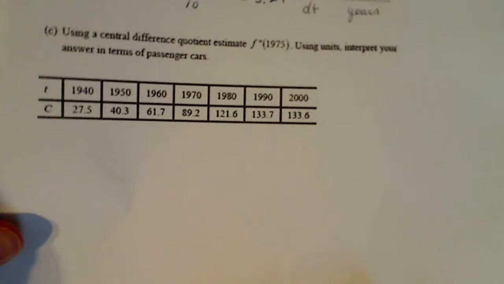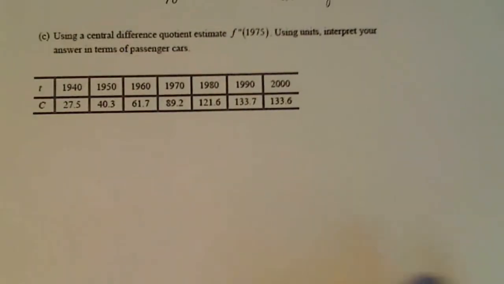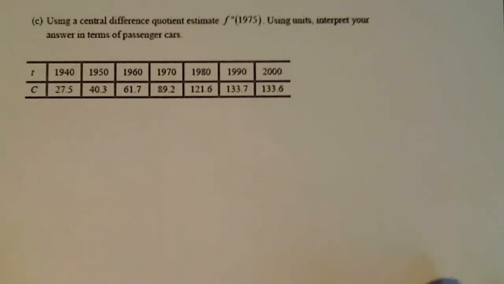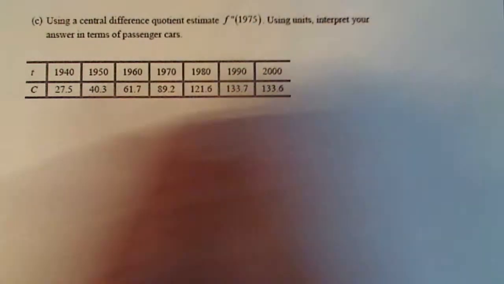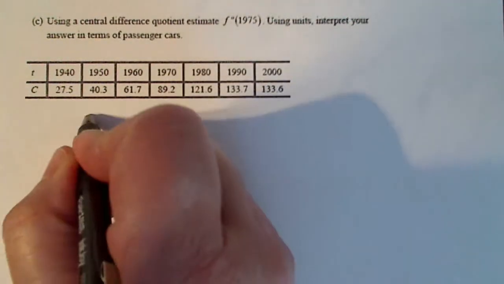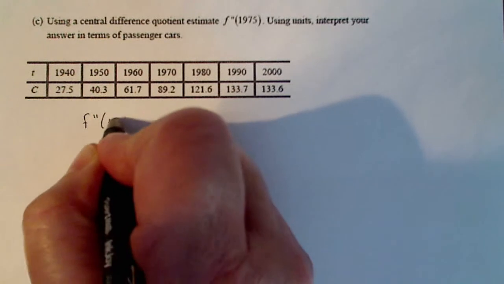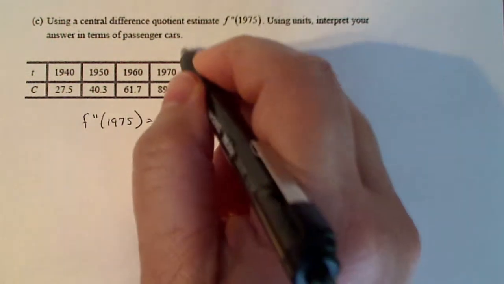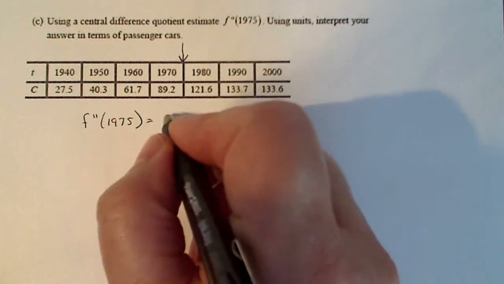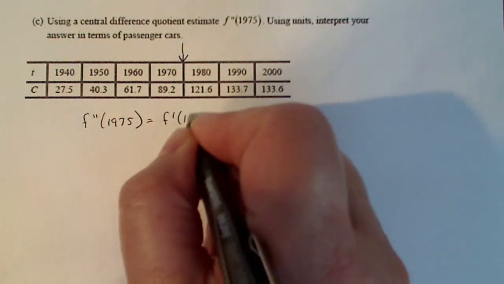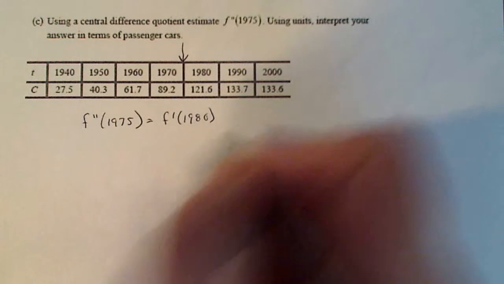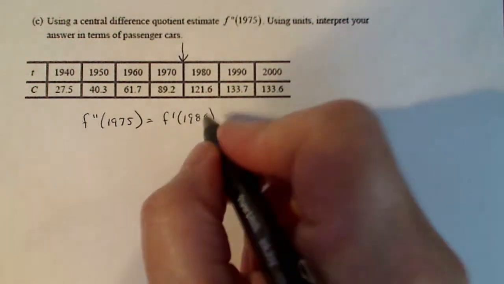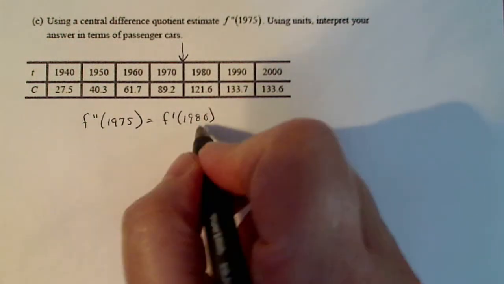The last part down here, I need to use a central difference quotient to estimate f double prime of 1975, and then I have to interpret that. So f double prime of 1975 is equal to, now 1975 falls between these two years, f prime of 1980 minus f prime of 1970, all divided by 1980 minus 1970. Because remember, the second derivative is the change in the rate of change, and f prime is my rate of change.